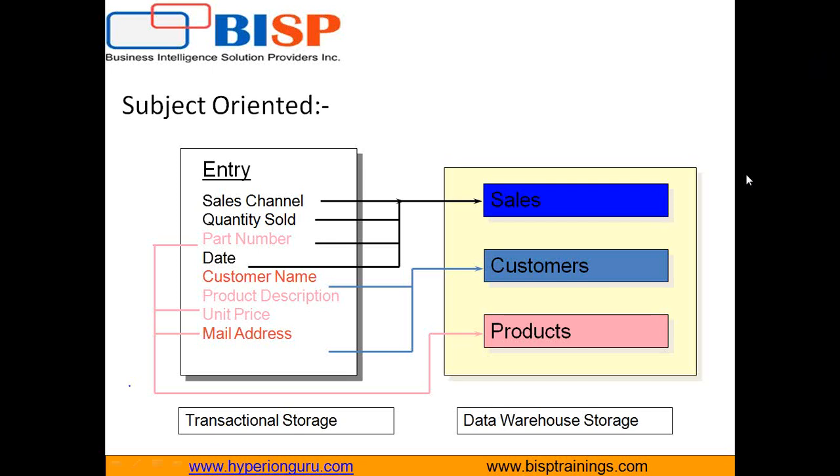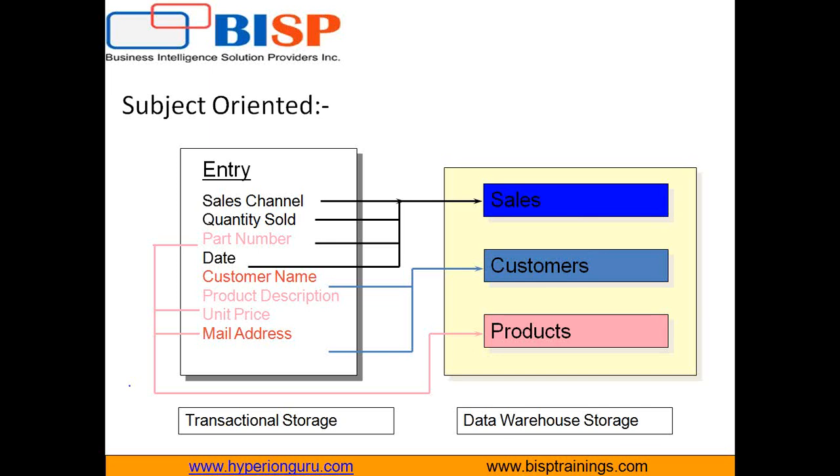It's not stored in this transactional file. Rather, it is stored on the basis of the specific subject area, so that it will be easy for someone to identify what data is specific to sales, what data is specific to customer, and all those things.